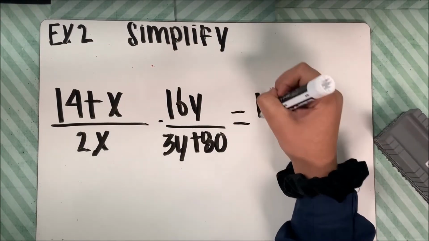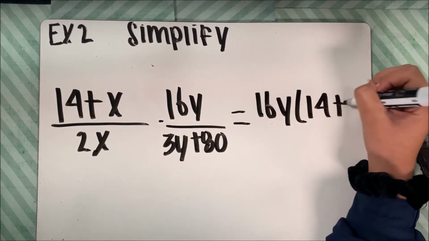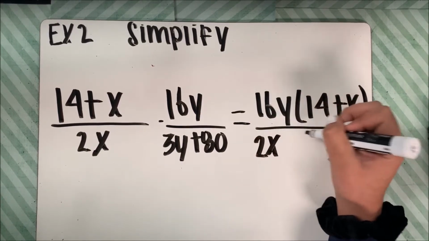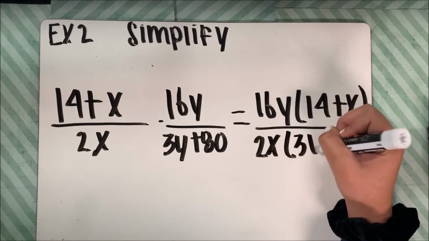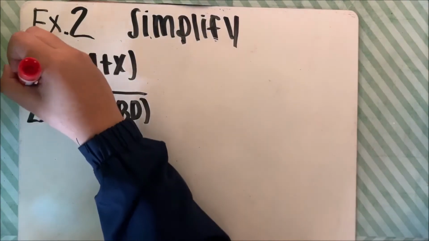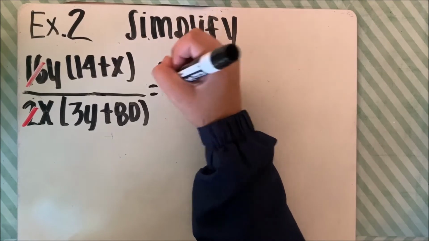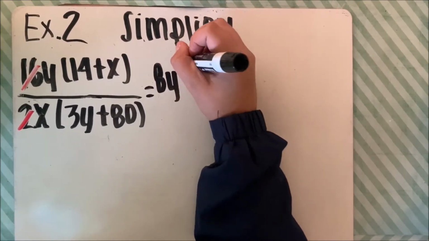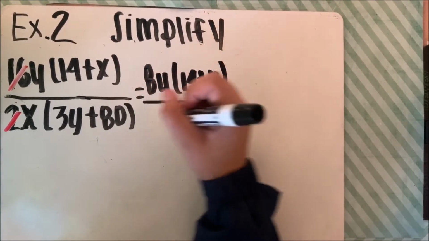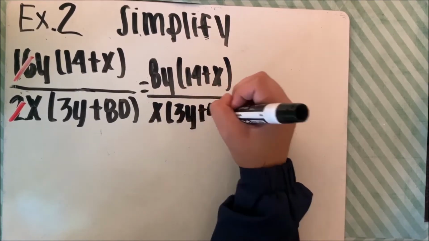So now we're going to multiply this out, which gives us 16y times 14 plus x over 2x times 3y plus 80. So now we want to simplify, so we're going to make the 2 and the 16 simplify into 8y times 14 plus x over x times 3y plus 80.